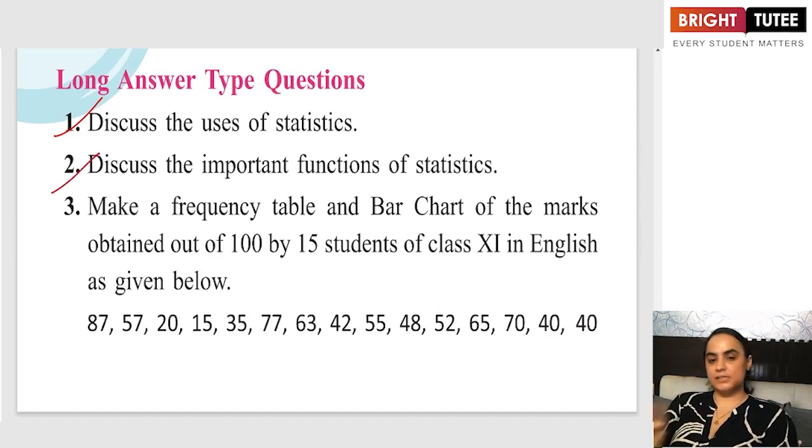Functions of statistics again. The next question says, make a frequency table and a bar chart of the marks obtained by 15 students in class 11, out of 100. Now let us discuss this question. It requires us to first make a table.